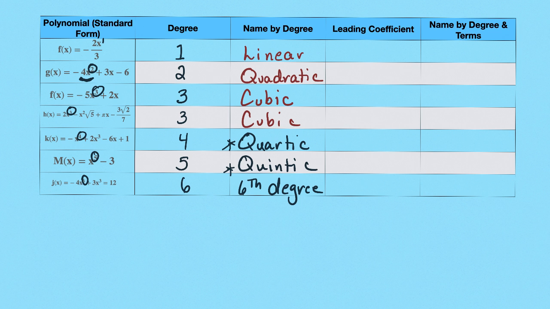Now, leading coefficients, remember that comes from the first term's coefficient. You don't put the x with it, so this first one, the thing with the x, is negative 2/3. Here's our lead coefficient, negative 4. Lead coefficient, let me circle them in red maybe, negative 5. Lead coefficient, let's zoom in there a little bit.